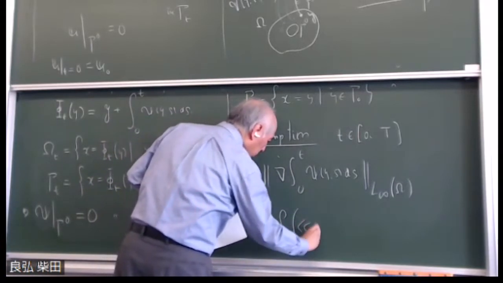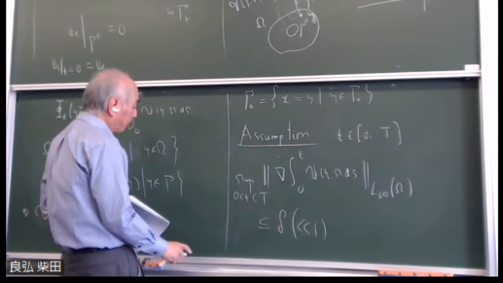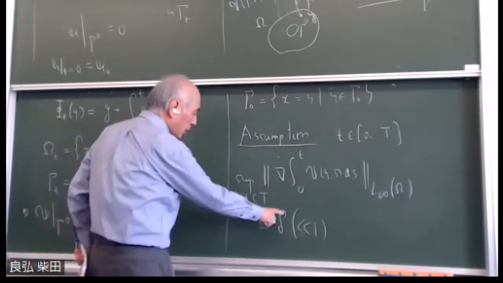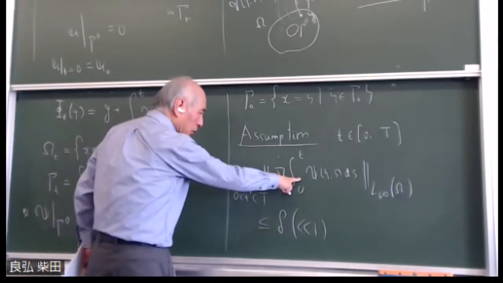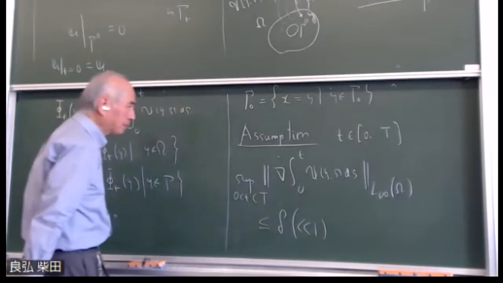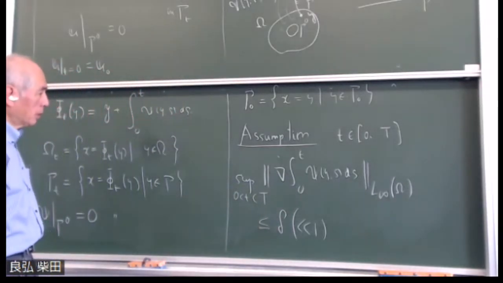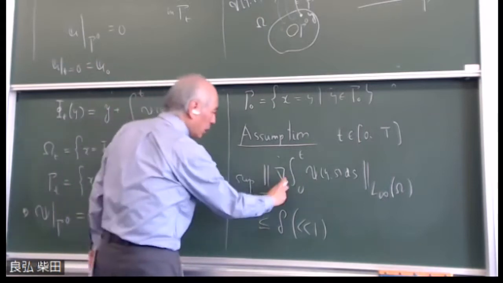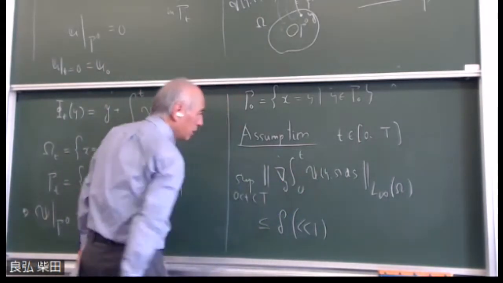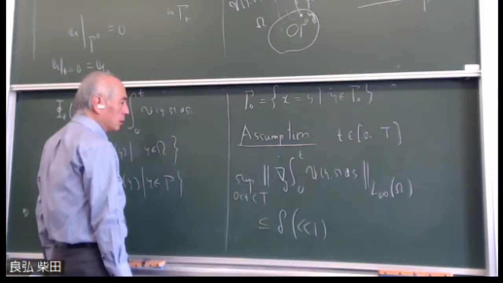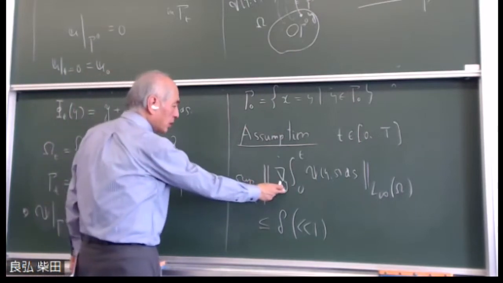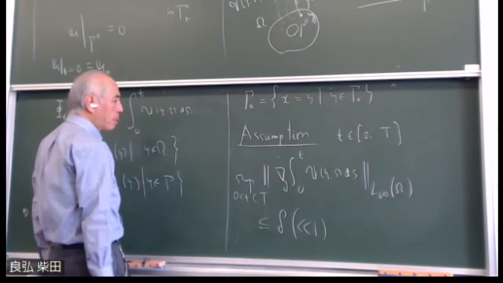Less than 1 is enough, but for later use, this quantity is small. It is the gradient of v with respect to y.